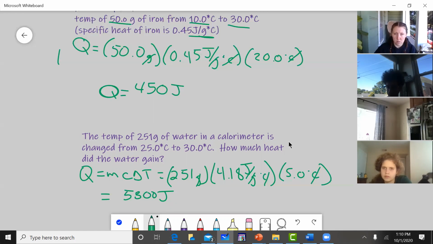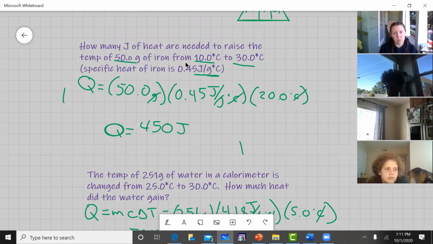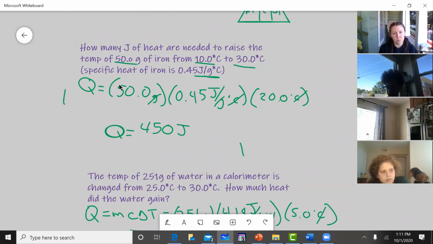We always want to round to the lowest number of significant figures. So when looking at this problem here, 3 sig figs, 3 sig figs, 2 sig figs. So I rounded it to 2 significant figures. Same thing up here, 3 sig figs, 3 sig figs, 2 sig figs.